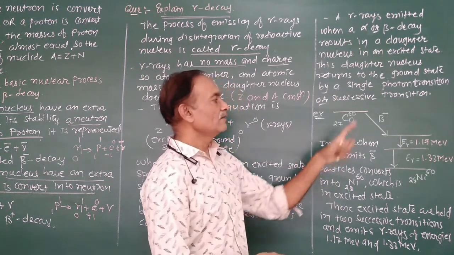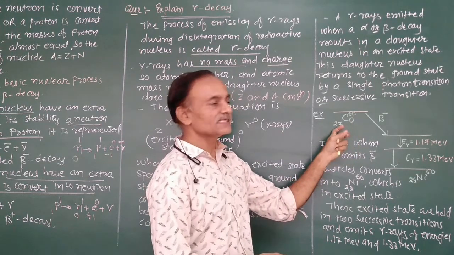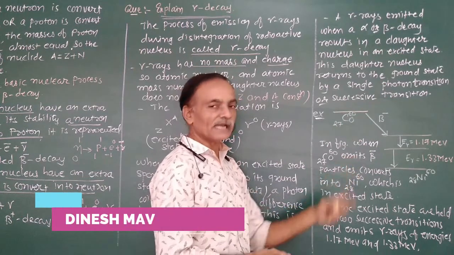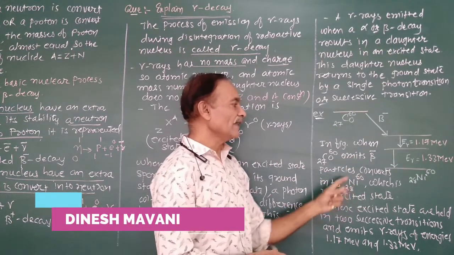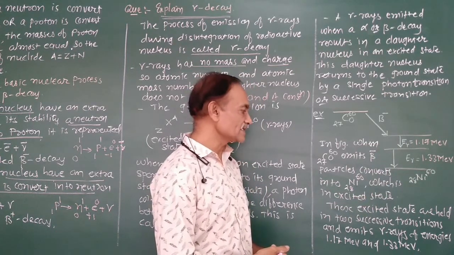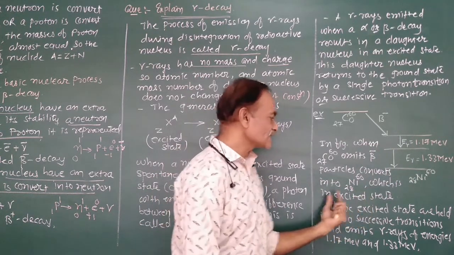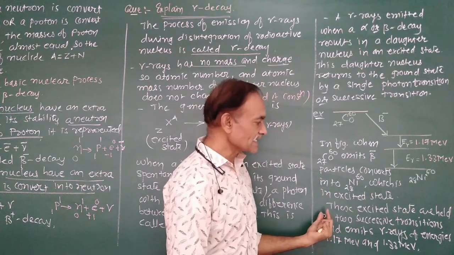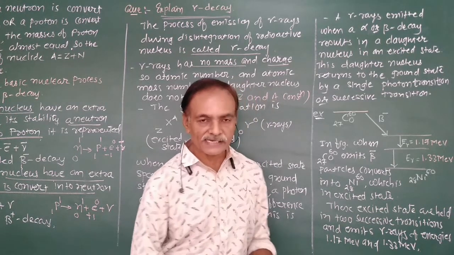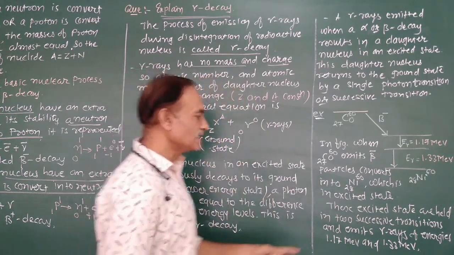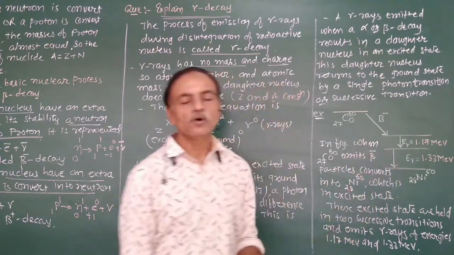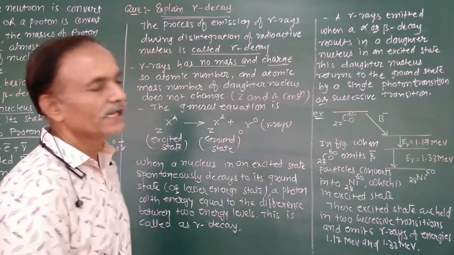Now in the figure, when cobalt-60 (Z=27) emits a beta minus particle, it converts into nickel-60 (Z=28) in an excited state. This excited state decays in two successive transitions and emits gamma rays of energies 1.17 MeV and 1.33 MeV.